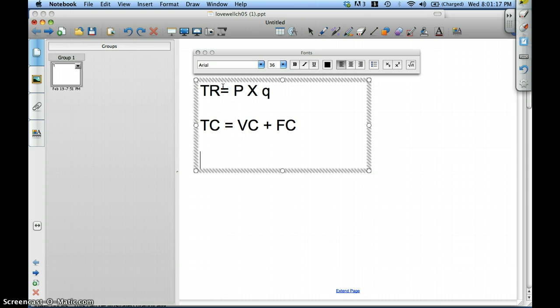How do you get variable costs? Well, you just move total costs over to the other side. Variable costs equal the difference between total costs and fixed costs.